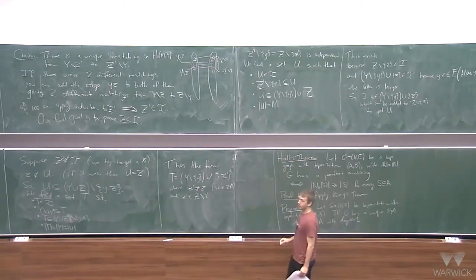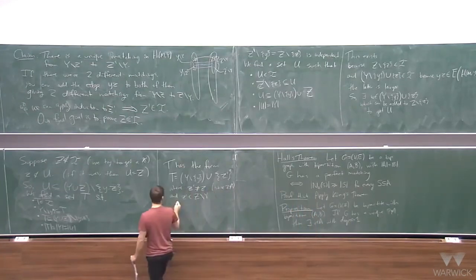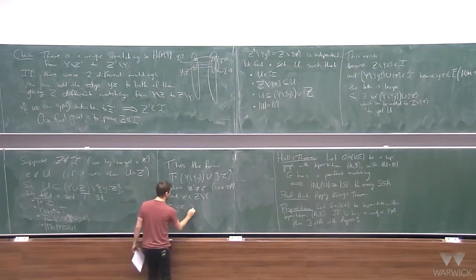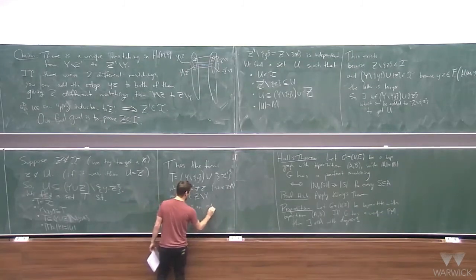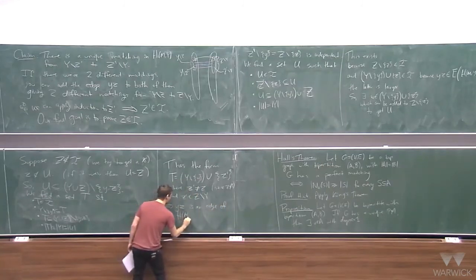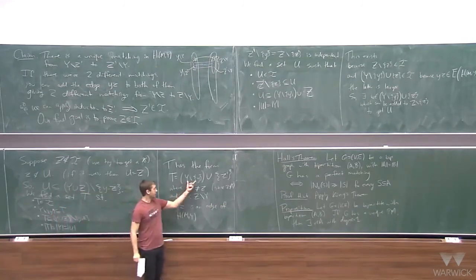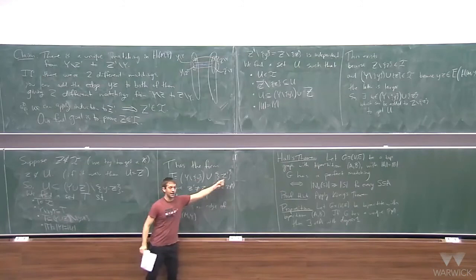But that's a contradiction because, weirdly enough, this implies that if I look at y z prime, this is an edge of this graph H_M(Y), because it's possible to take the set Y, remove little y, and add z prime.